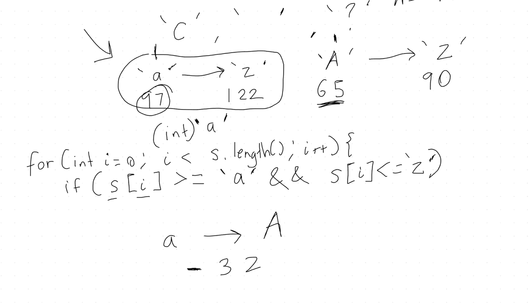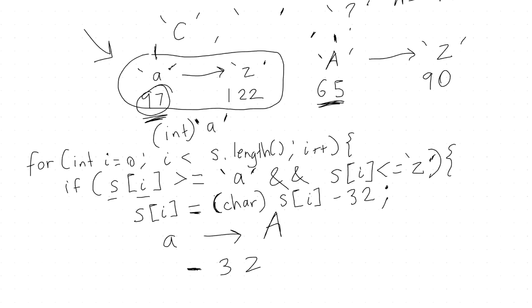Lowercase a is at 97. So if I want to go from lowercase to uppercase, I have to subtract off 32. So the way I can do that is I can set S[i] equal to char(S[i] minus 32).